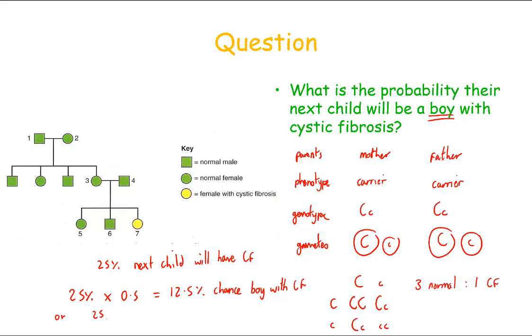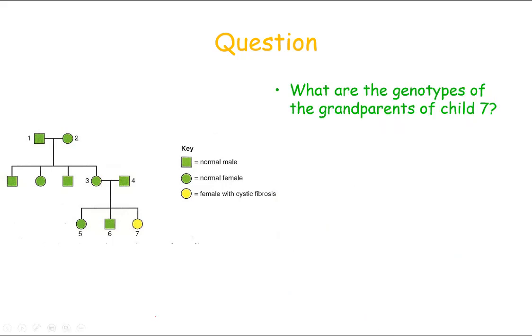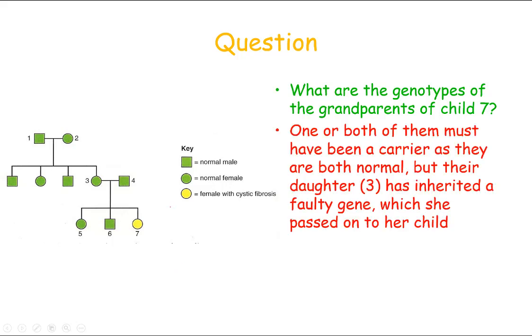Or what you do, 25 divided by 2, because there's a 50-50 chance, which again equals 12.5%.